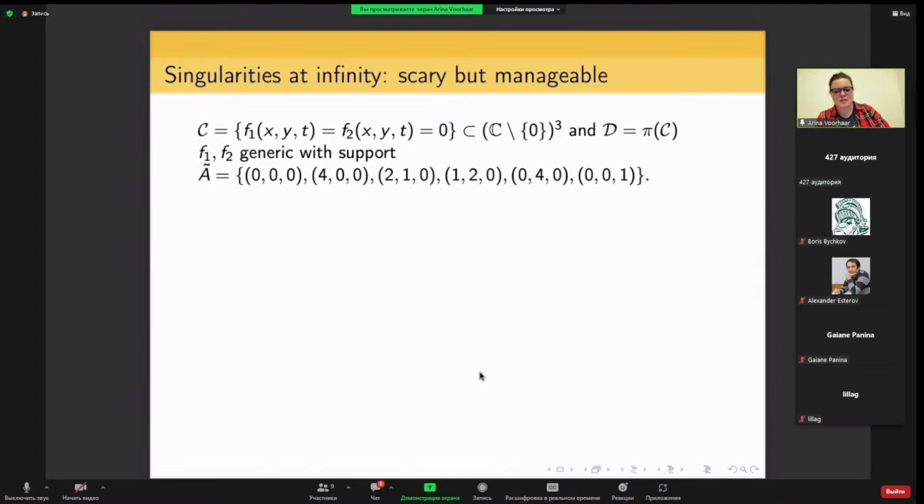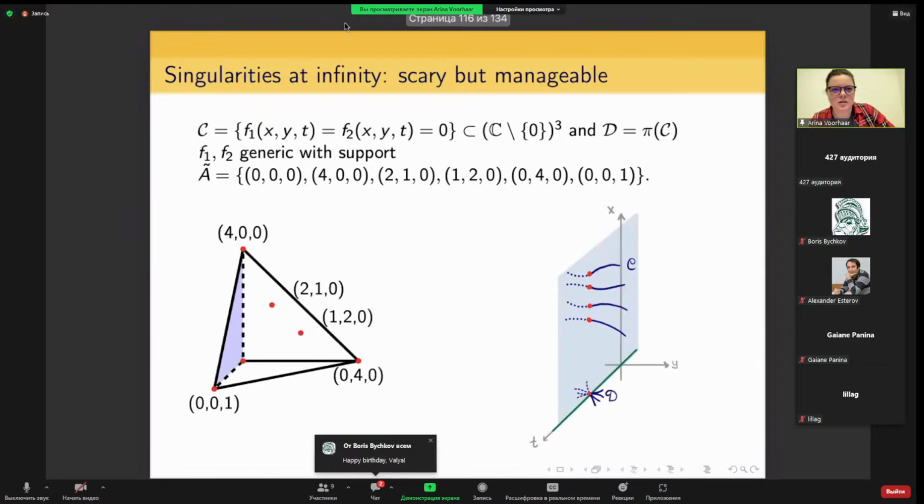I consider the support A tilde with these points, which I marked red in the picture. So the Newton polytope is going to be just some simplex.